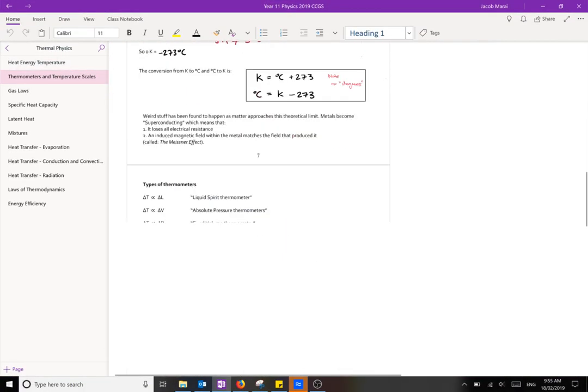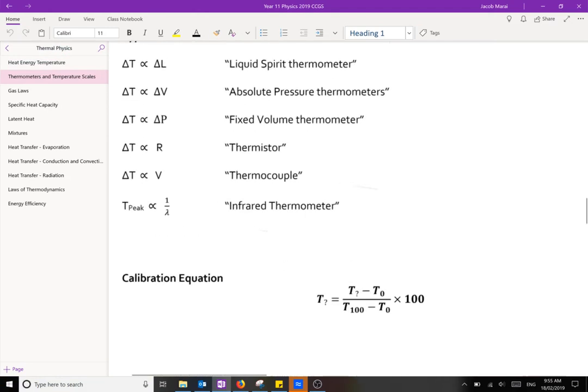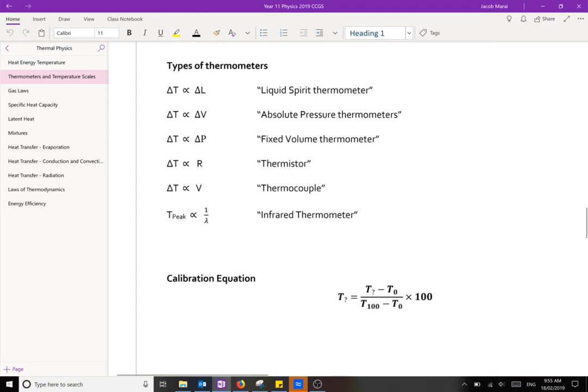Let's go down to the various types of thermometers. Now, the first few can be explained, and I'll just write it here, using the kinetic theory. Okay?